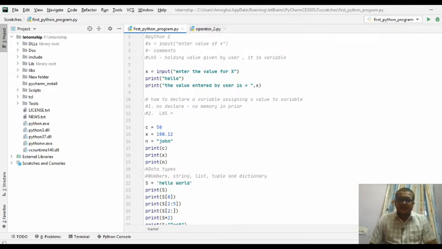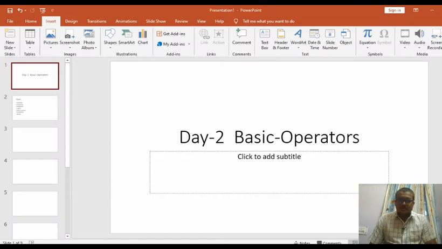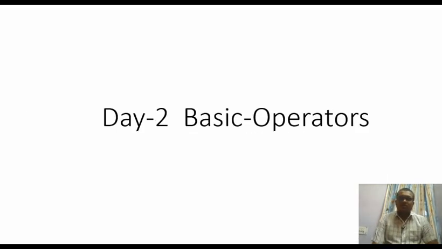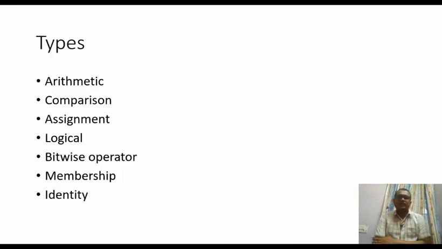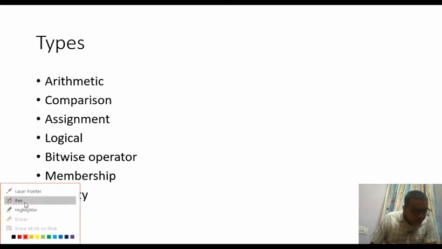So today, let us see about operators. These are some of the basic operators, an outline of what we are going to see. Let me take a pen over here.